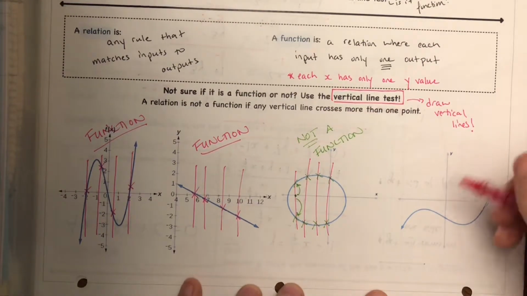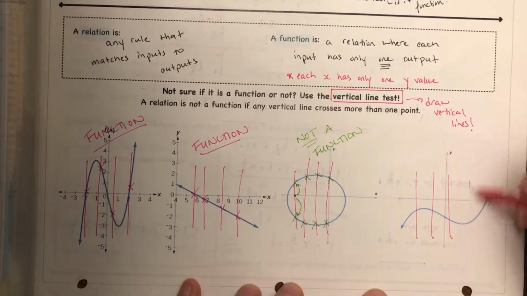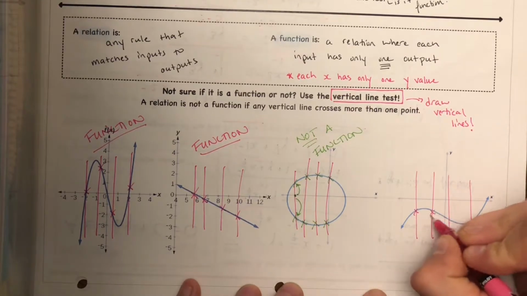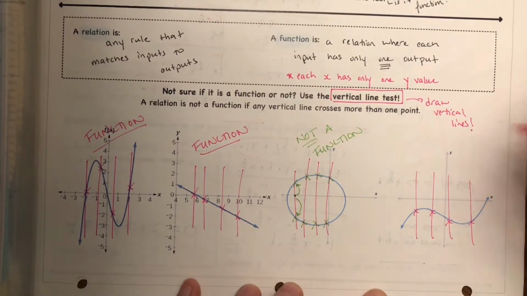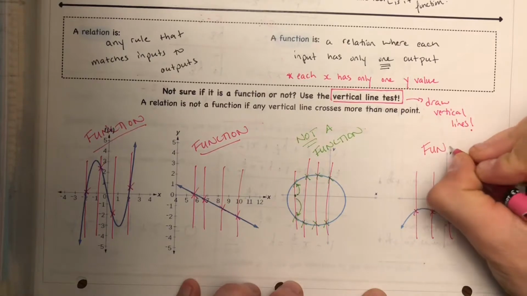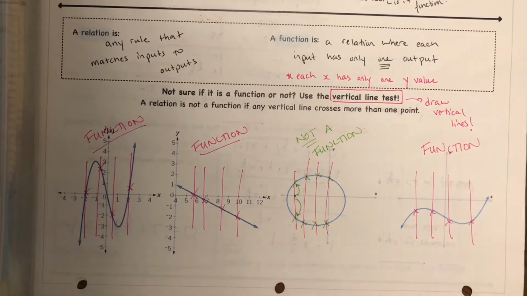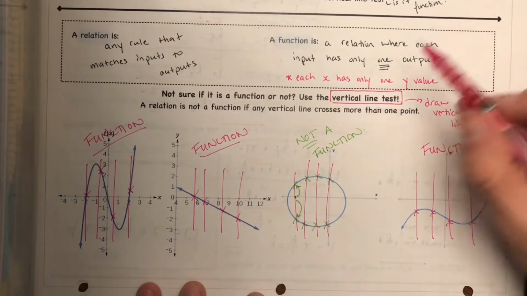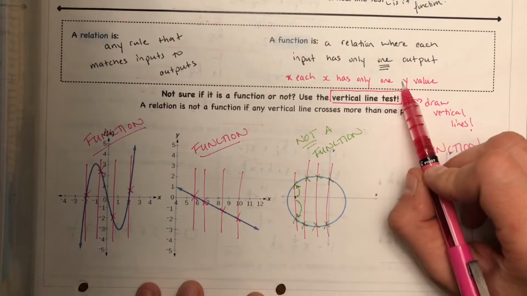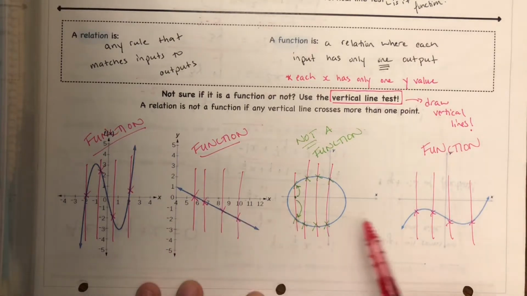And this one is also curved, but when I draw my lines, I still only get one intersection, so we'll call it a function. So that's the first thing: a function has to have each x with only one y, and we can test that on a graph with the vertical line test.